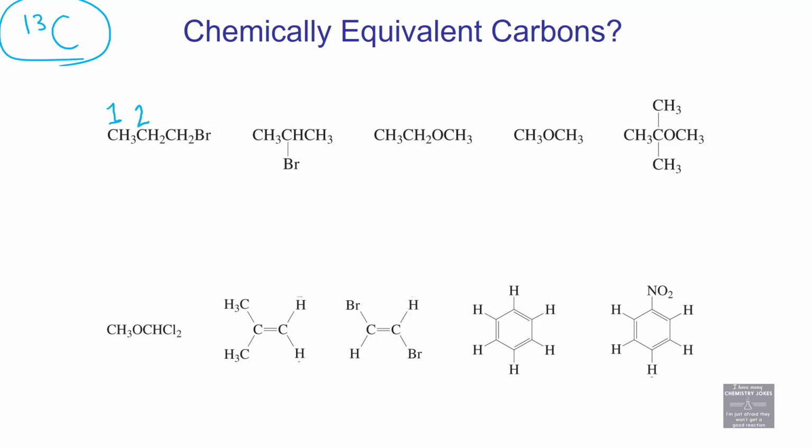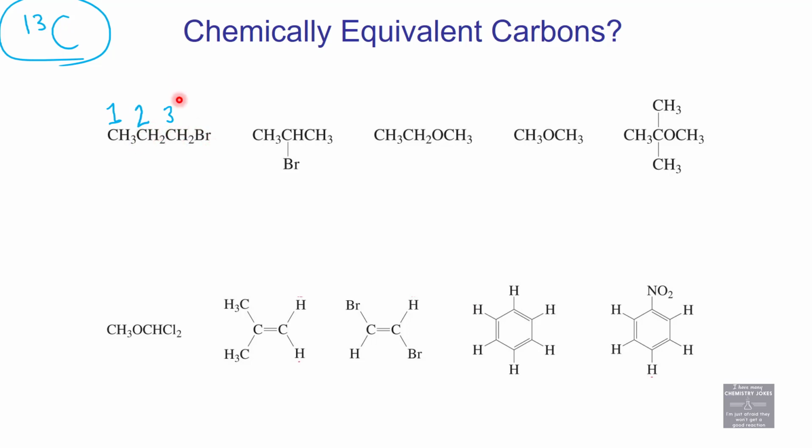So this CH2 will show up as an additional signal, but then I have to figure out, is this CH2 that I've put the number 2 by the same environment as this CH2 that comes next? The answer is no. The CH2 that I have given number 2 has a CH2 neighbor and a CH3 neighbor. The CH2 that I've given the number 3 to has a CH2 neighbor and a Br neighbor.